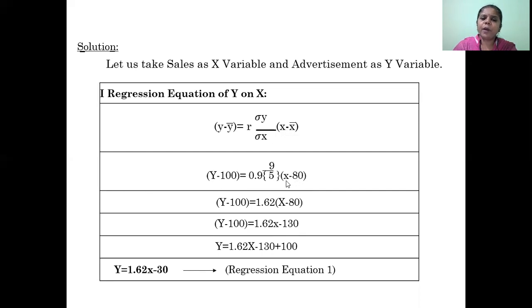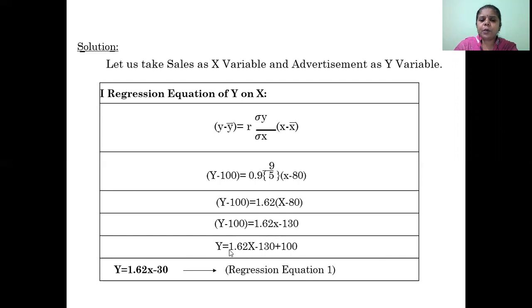So what do we have to do now? y minus 100 is equal to 0.9 into 9 divided by 5, which gives 1.62, times x minus 80. So y minus 100 is equal to 1.62x minus 1.62 into 80, which is 130.